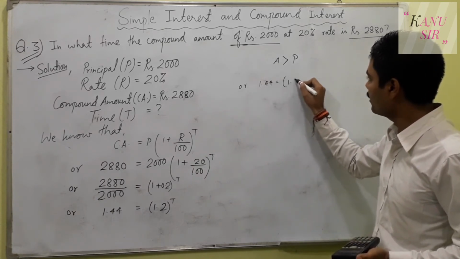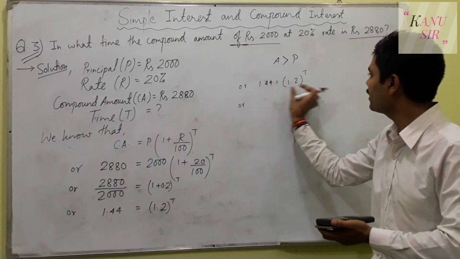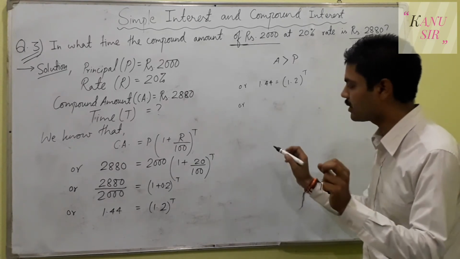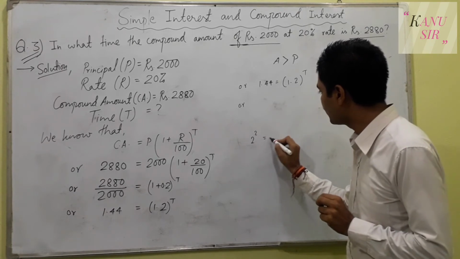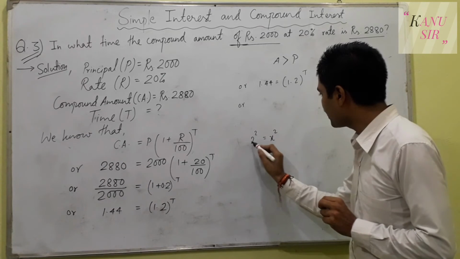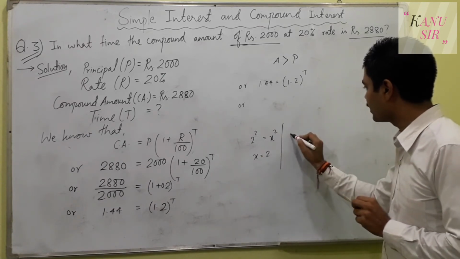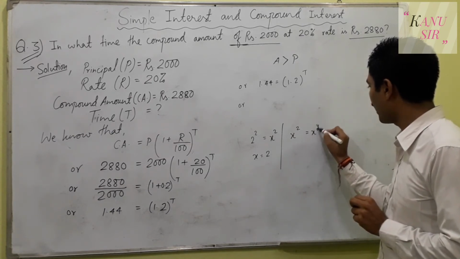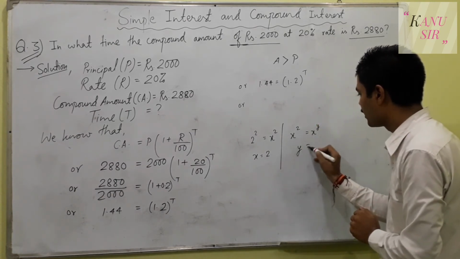Now we have to assume 1.44 as a certain power of 1.2, so that we get similar bases here. There is a condition in algebra we study while studying indices: if 2 power 2 is equal to x power 2, it means the bases are equal, that is x equals 2. And there is another condition: x square is equal to x power y, it means the bases are equal, then powers will also be equal.